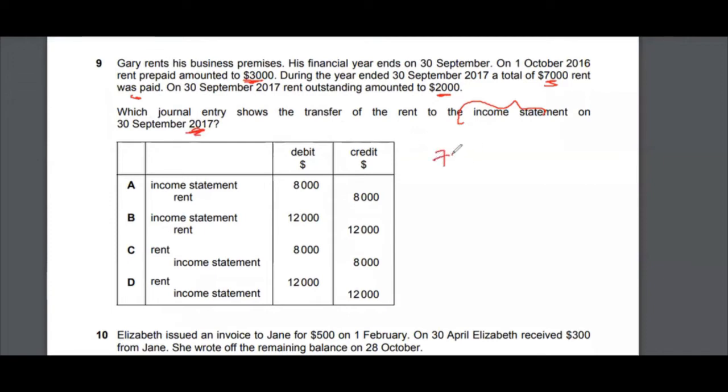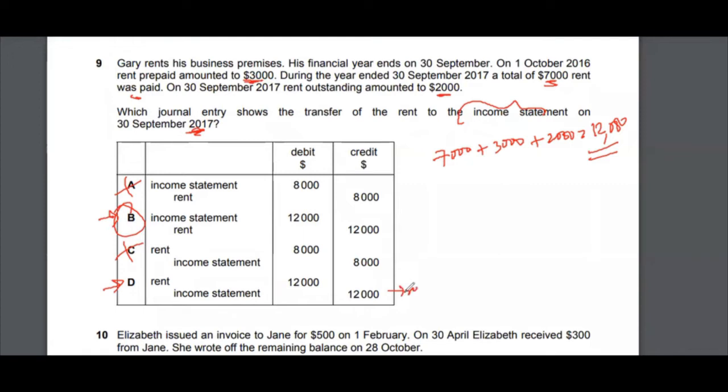So the total amount is going to be 7,000 plus 3,000 plus 2,000. That's going to be $12,000. Now there's only option B and option D with that amount, so you can eliminate option A and C. Now it's about transfer to income statement. So the correct answer to multiple choice 9 is option B because that's the entry when it's actually being transferred.